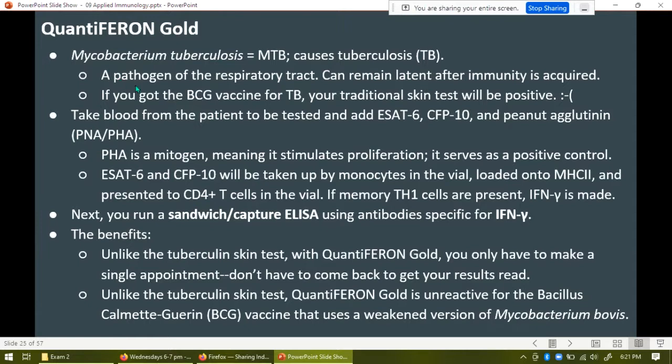It's a pathogen of the respiratory tract, and a third of the world's population has been exposed to tuberculosis and has been infected with it. The infectious dose for tuberculosis is literally one cell.